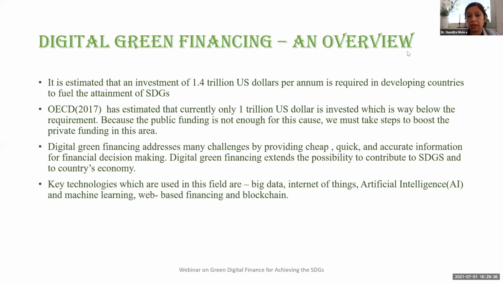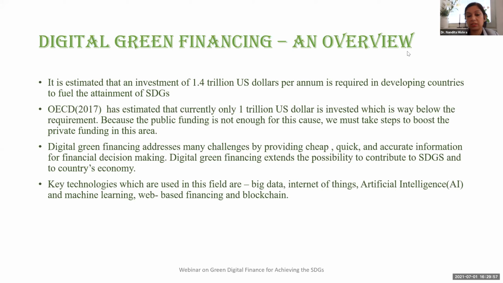It is estimated that we require 1.4 trillion US dollars per annum in developing countries to attain these SDGs, and OECD's report has clearly specified that we currently have only 1 trillion US dollars. That means we are way below the requirement.